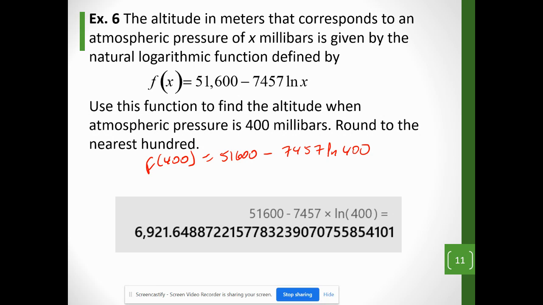Notice how I did press the times. So I have to round this to the nearest hundred. That's my hundredths. The number after the 9 is too little. Remember when I say too little is 4 or less? So I'm just going to call this 6,900.